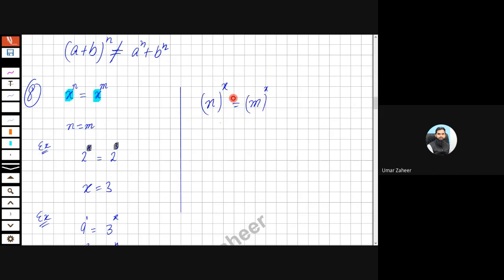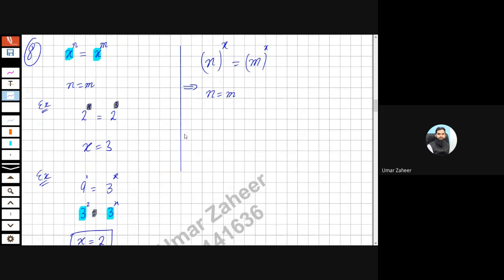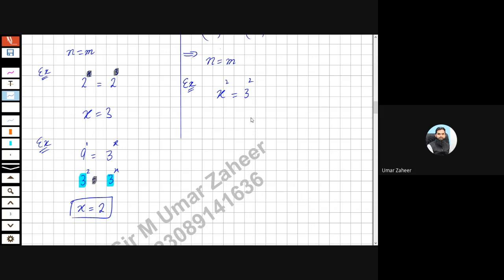Now the law says that the numbers are also going to be equal. That's the conclusion. For example, you have x raised to power 2 is equal to 3 raised to power 2. From here we can conclude that x is equal to 3.